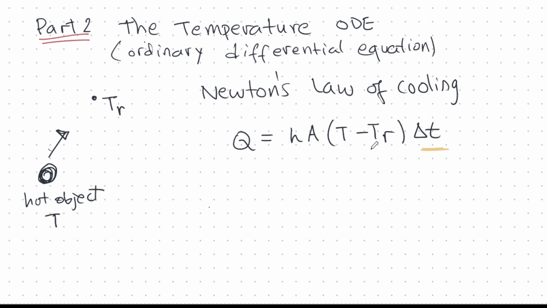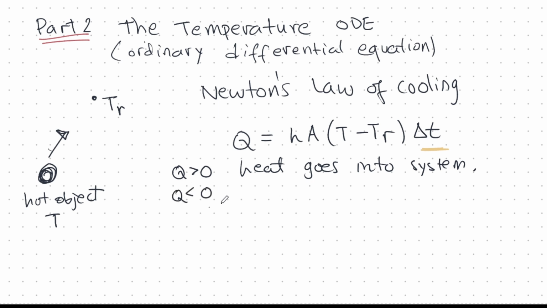So that's quite interesting. Now, we use the following convention: Q positive, so positive heat, means heat goes into the system in question, and a negative heat, Q is negative, means heat goes out of the system. And here, this is positive.